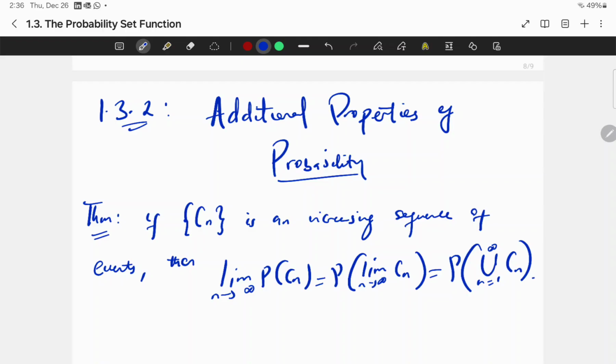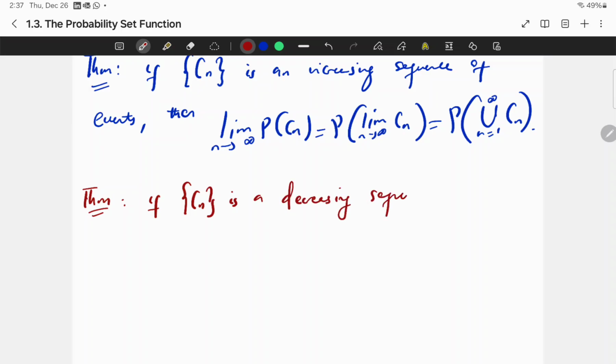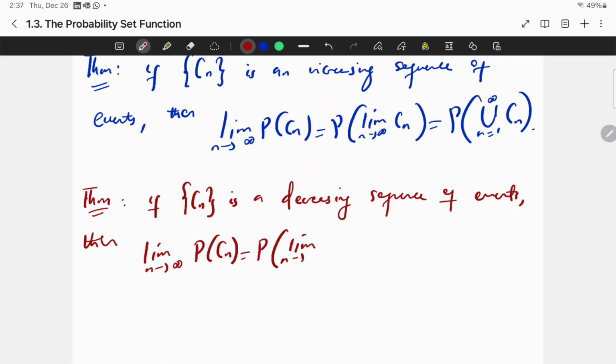And if our Cn is a decreasing sequence of events, then the limit as n tends to infinity of P of Cn equals the probability of the limit of Cn, and that will be equal to the probability of the intersection from n equals 1 to infinity of Cn.